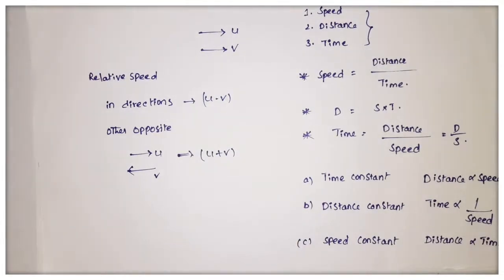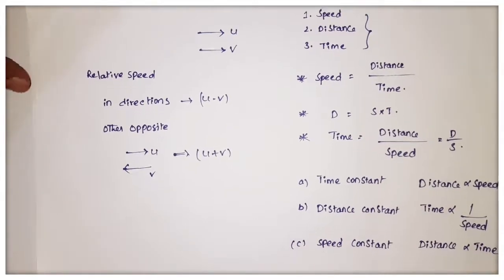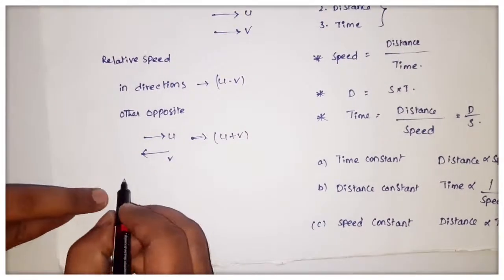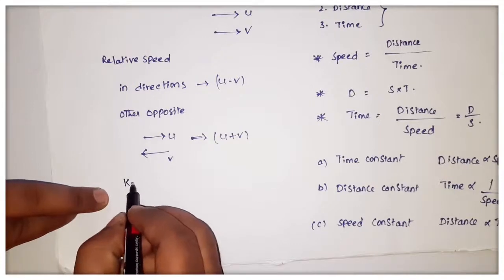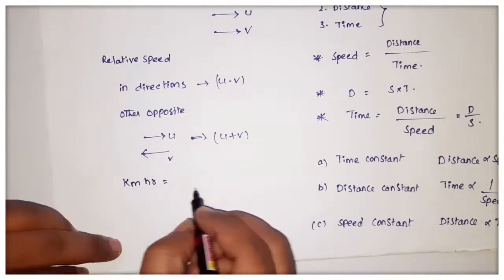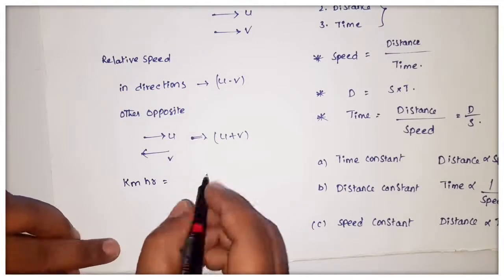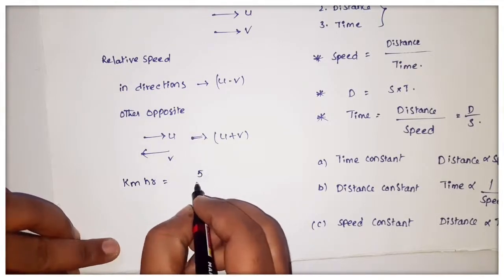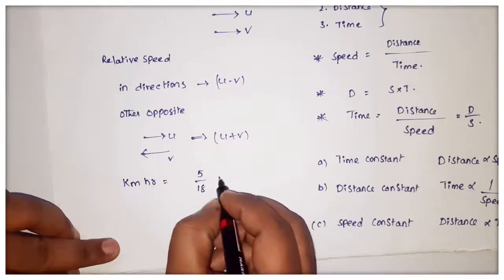And one more important conversion we are going to use in problem solving is: kilometer per hour is equal to how many meter per second? 5 by 18 meter per second.